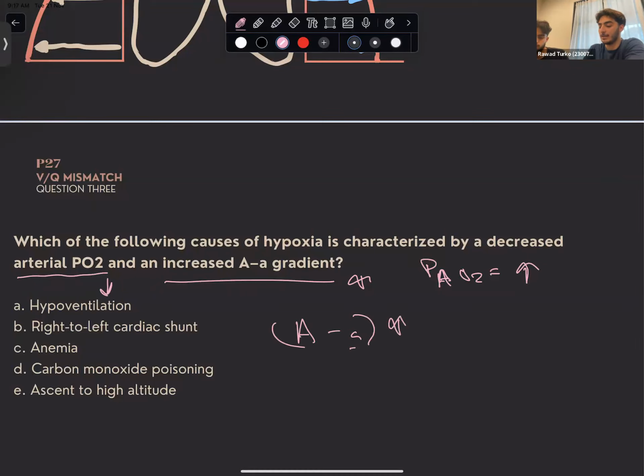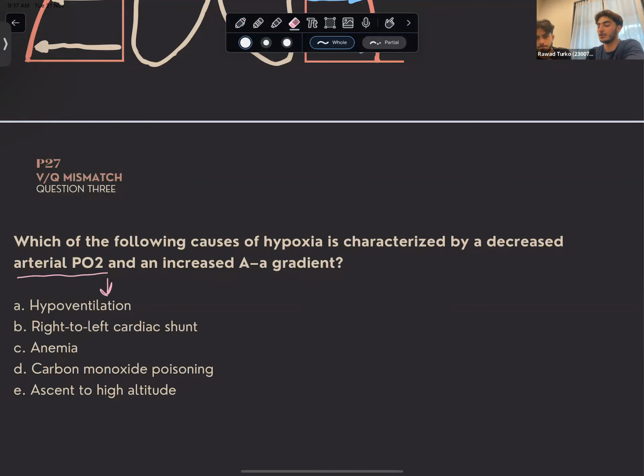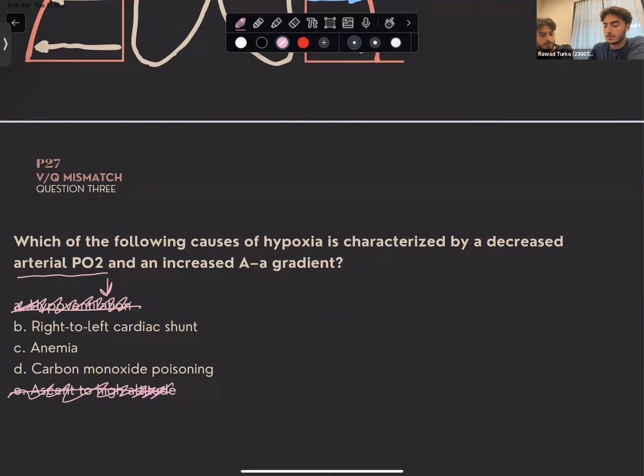So since your alveolar PO2 is increased, that immediately will cancel out A and E, because those are normal A-a gradients with low alveolar pressures. So it's not A, it's not E.